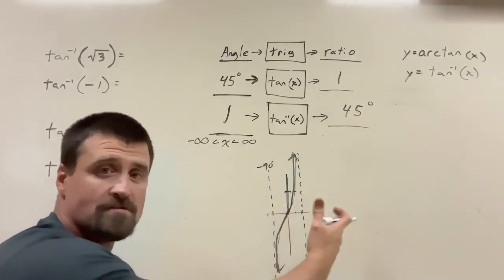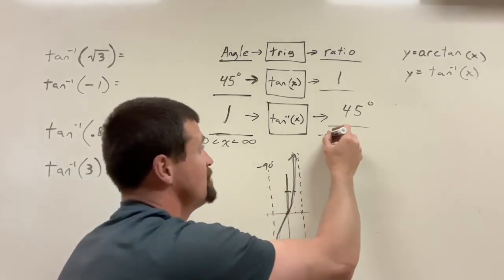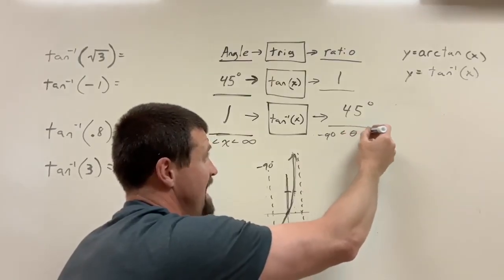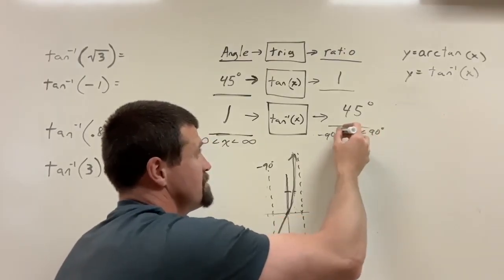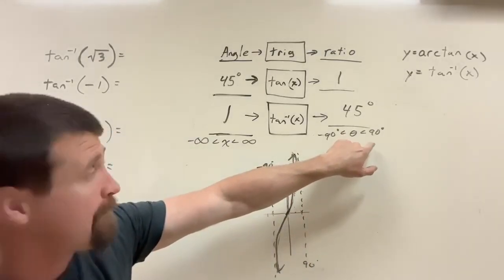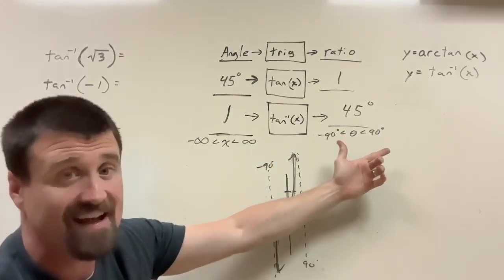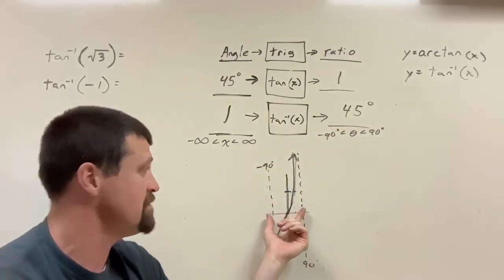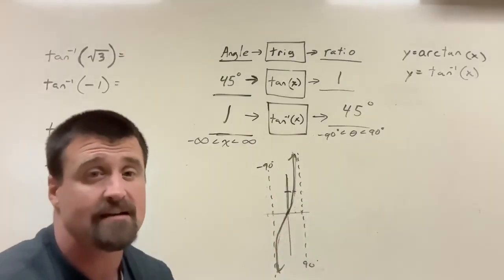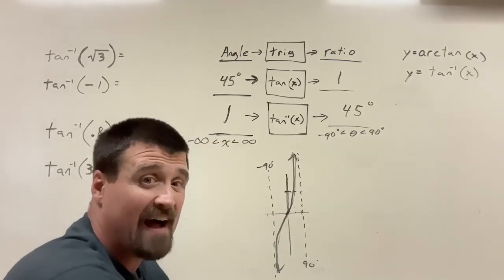So the angles that arctangent is going to give me are always between -90 and 90. That's similar to arcsine, except arcsine has the inclusive "or equal to" version. For arctangent we have vertical asymptotes at 90 and -90, so it never actually gives us 90 or -90, because the tangent at those two places is undefined.